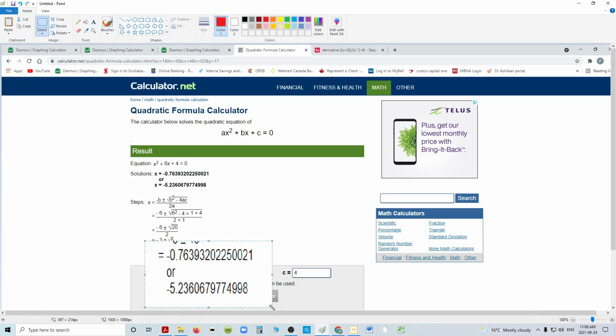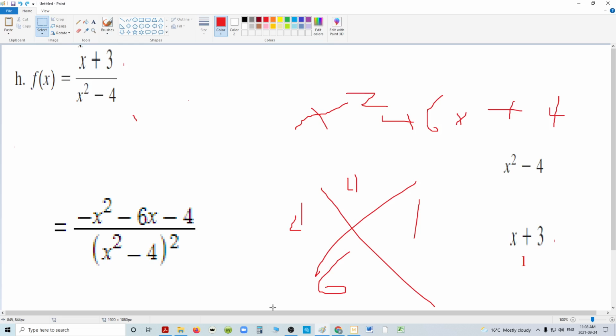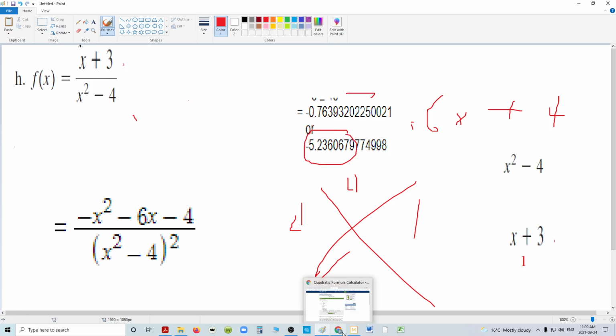Both of them negative numbers, which is interesting. Which tells me that at negative 7.6, which is just to the left of 0, my maximum was not at 0 as I suspected, and at negative 5.23 there are min and max.